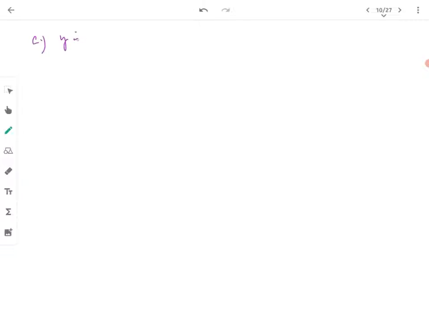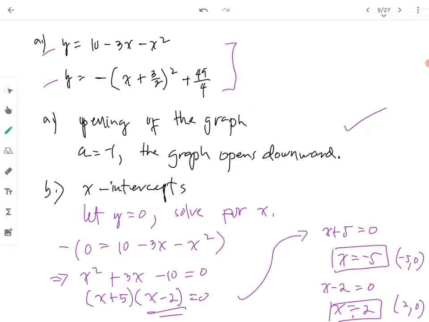Next is letter C, the y-intercept. The y-intercept is a point on the y-axis, meaning x will always be 0. So we let x equal 0, then solve for y. We can use either of these two.